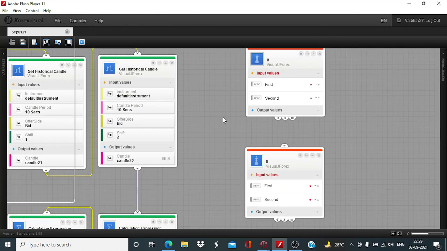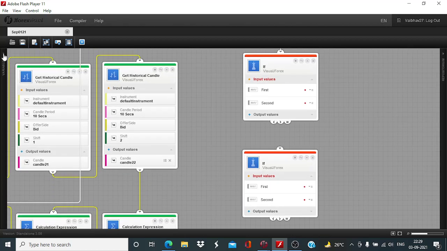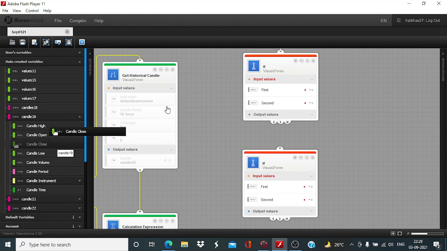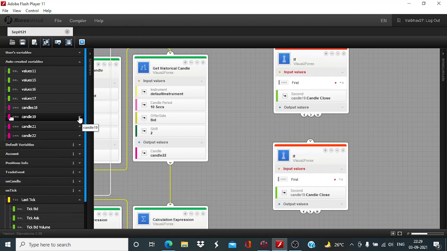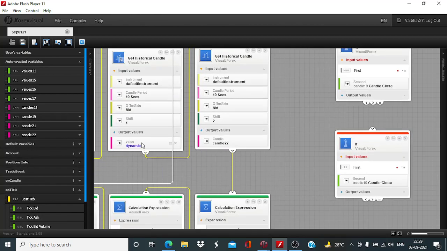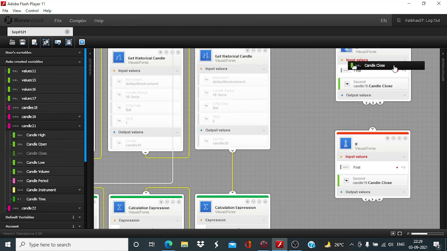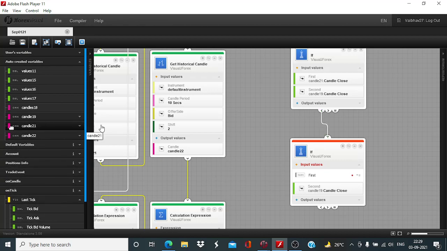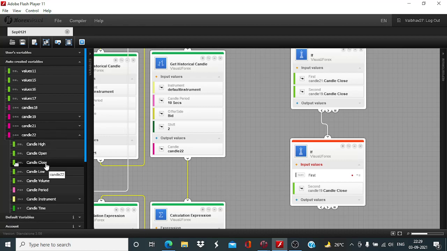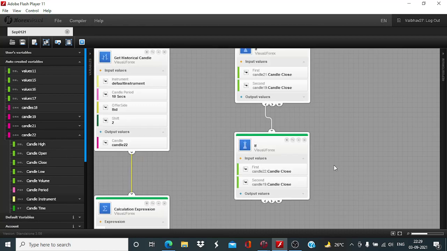and in these two if blocks we have to add candle 19 candle close as the common input and compare it to the closing values of candle 21 and candle 22. We need candle 21 candle close to have been less, first less than second input, and in case of candle 22 candle close, the condition will need to be reversed.